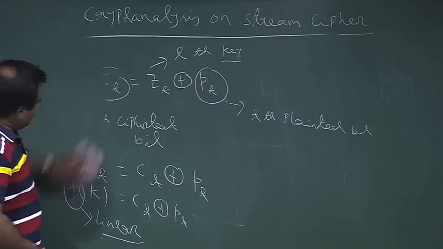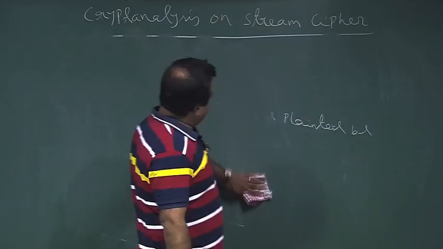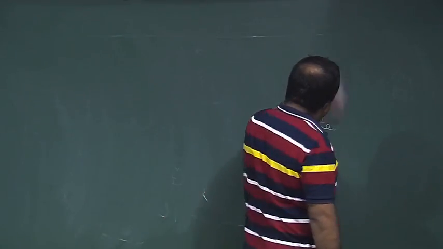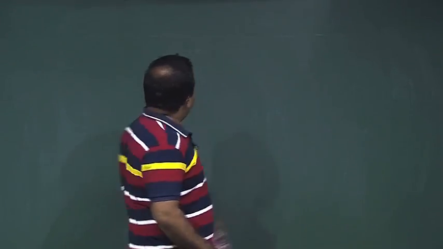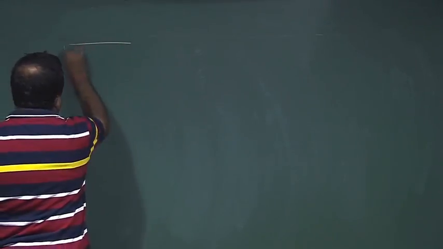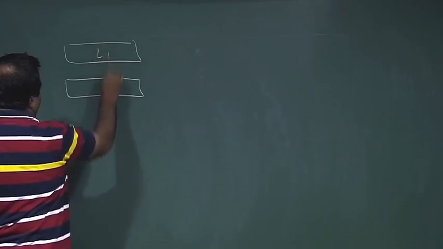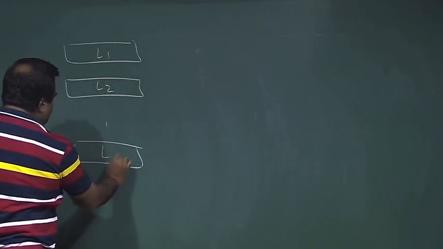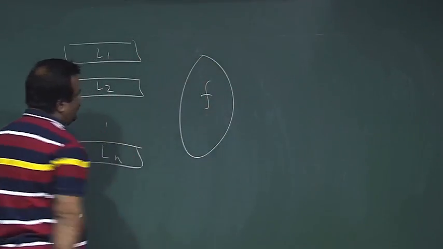To avoid that, we need to put some nonlinear function in the LFSR based stream cipher. Some nonlinearity we need to introduce. So we have, say, n many LFSRs, L1, L2 and so on, and we pass these to a nonlinear function f.